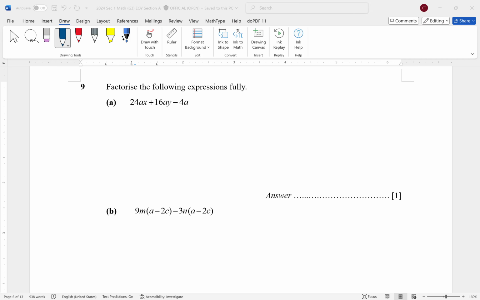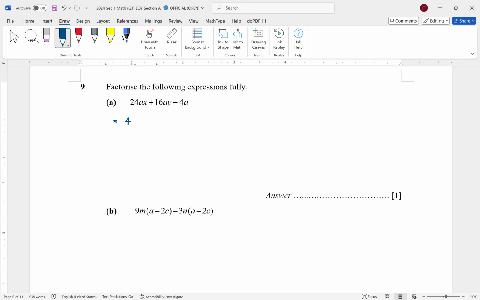So let's deal with the numbers first. Here we have 24, 16, and negative 4. We can see that the highest common factor that we can take out among these three numbers will be 4. So let's go ahead and take out 4. Then let's look at the letters.